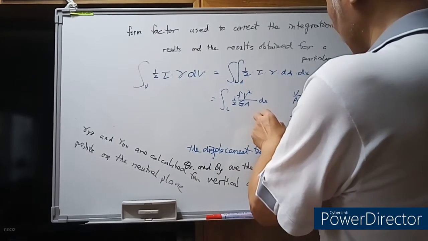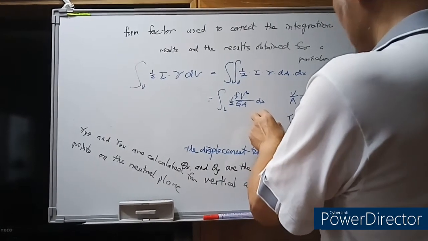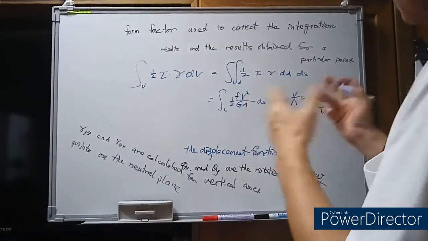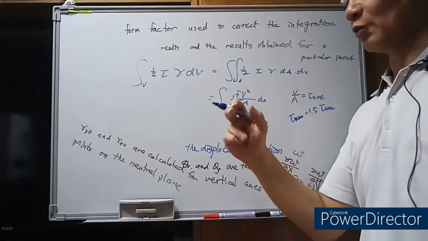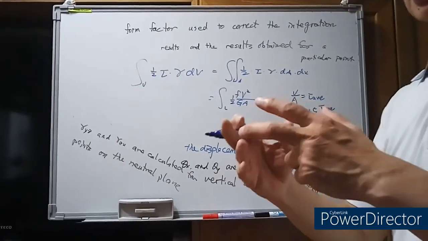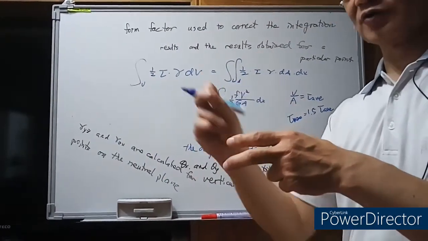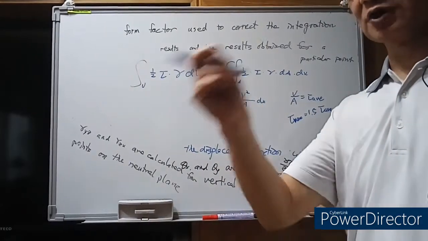Usually it is 1.5 tau average. Actually we have to calculate the exact integration for each different point.